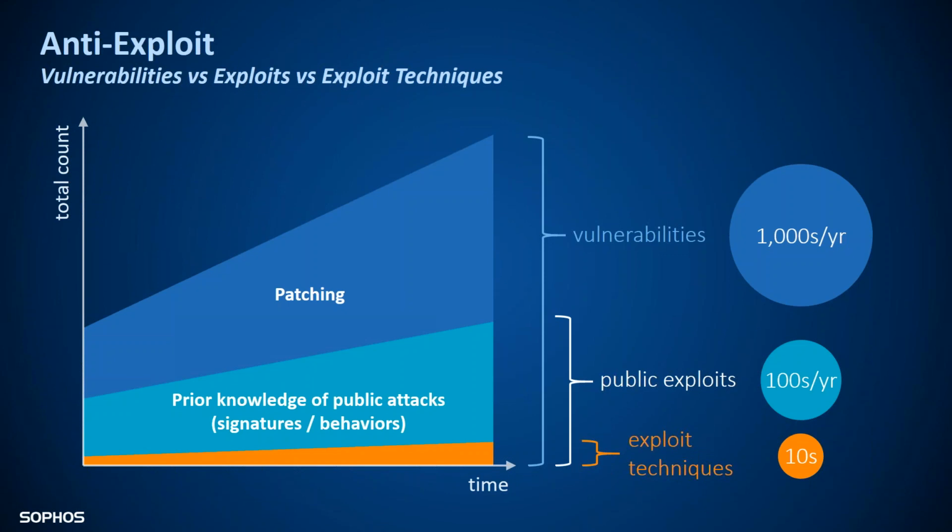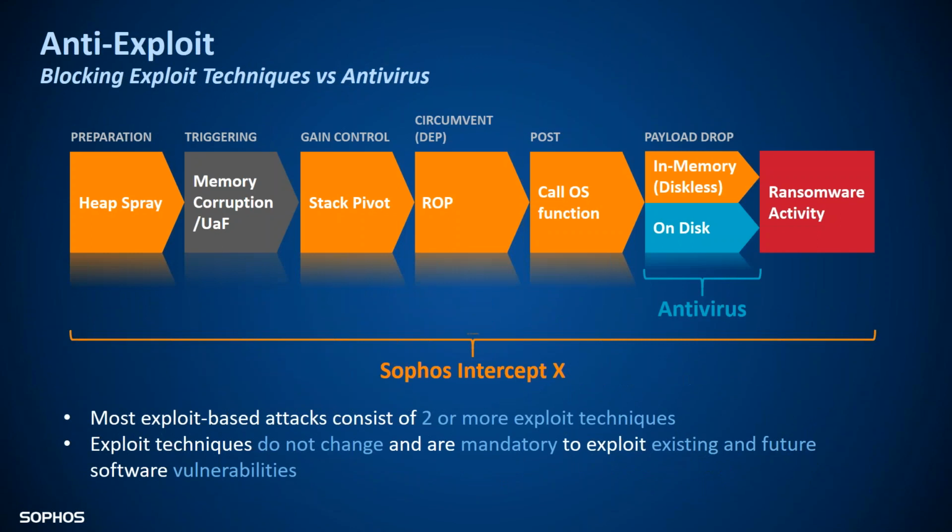So we've built our technology to identify these methods that the attackers are using, meaning that we only have to look for a handful of techniques in order to protect us against the thousands of vulnerabilities that we potentially have, whether they're known or even unknown vulnerabilities. And what we tend to see with anti-exploit technology is that attackers use multiple techniques during any given attack.